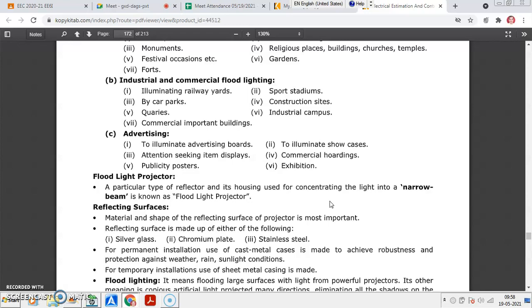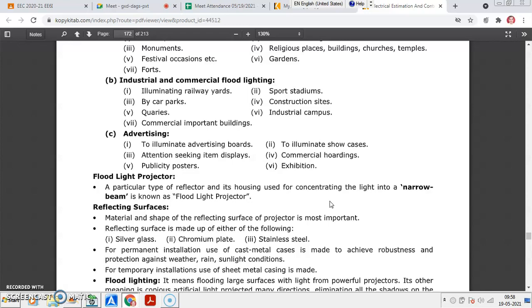Reflecting surfaces are made of these materials, and their shapes are based on the particular requirement. Silver glass and chromium plates are good, but cost is there, then you can have the stainless steel.